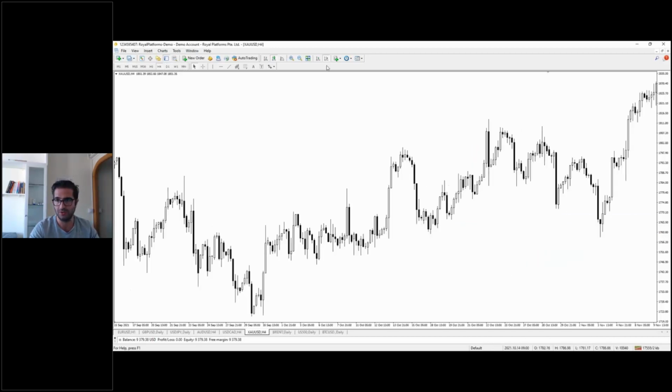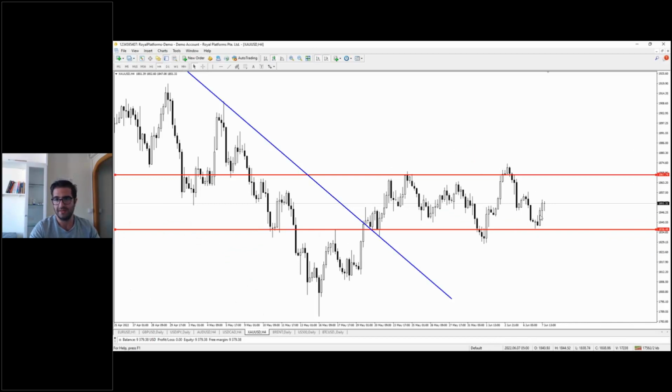So if we go on the lower time frame, what I see is an engulfing bullish pattern here, good momentum to the upside. So most probably the market will continue to the 1867 to test this area again. And we have a breakout of the small trend line here.